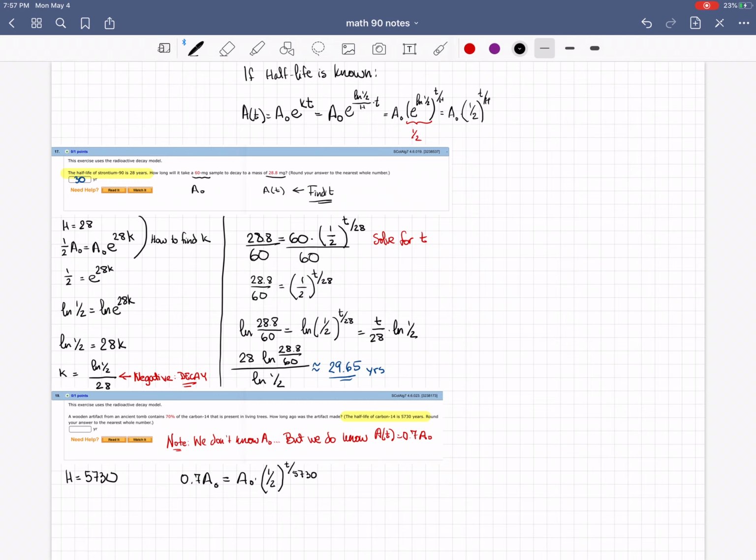Okay. And now, this is an exponential equation, and we're going to solve for t. And we're going to do it exactly the same way we did it in the previous example. So we'll start by dividing both sides by A sub 0. Oh, so you see now why we didn't really need A sub 0. It just got divided out straight away.